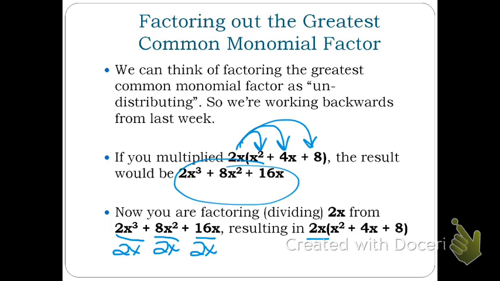So there's the greatest common factor, and then in parentheses you write the answer to that division. 2x to the third divided by 2x: well, the 2s cancel out, and x to the third over x to the first equals x to the second. 8 over 2 reduces to 4, x squared over x to the first equals x to the first. And 16 over 2, well 16 divided by 2 is 8, and x over x would be x to the 0. So this reduces to just 8. Some of you may put x to the 0 power, but remember that you do not need to write that. In fact, we prefer that you don't.